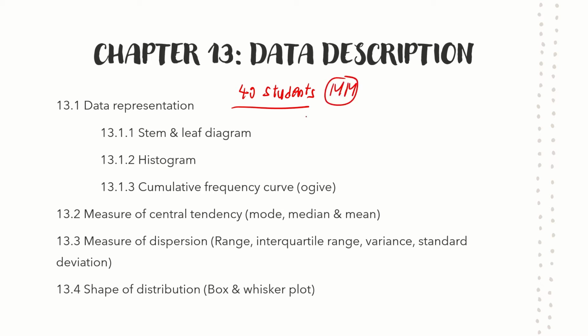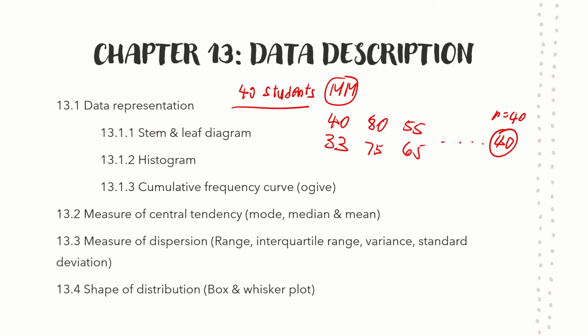Each student gets different marks, so there are 40 different data. Maybe some get 40 marks, some 33, some 80, some 75, some 55, some 65, and so on until n equals 40. This is very complicated, right? So how do you represent this data so it looks easier?